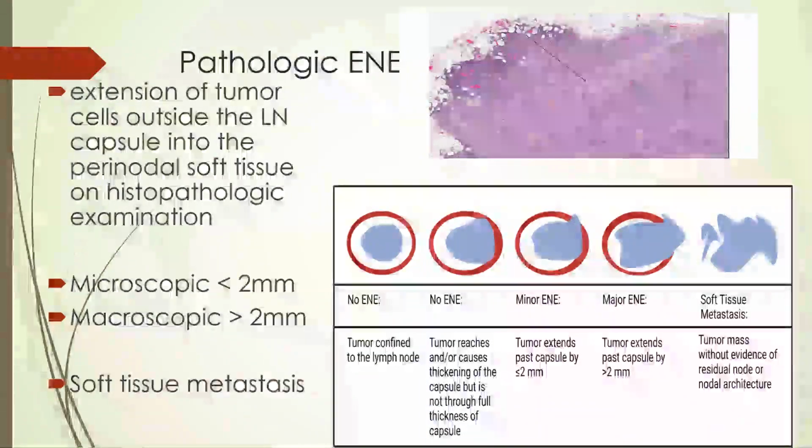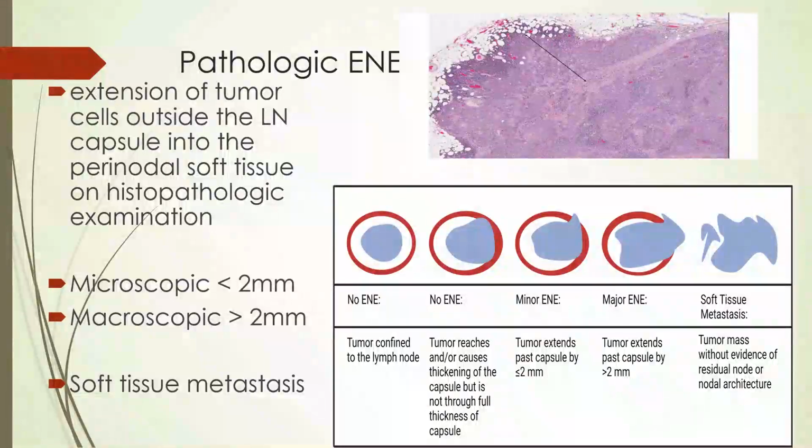When the tumor just extends past the capsule by less than 2 millimeters, when it disturbs the capsule, it is known as minor extranodal extension. More than 2 millimeters, when it comes out of the capsule, it is major. And finally, there is another term called soft tissue metastasis, when there are separate nodal mets separate from the lymph node.